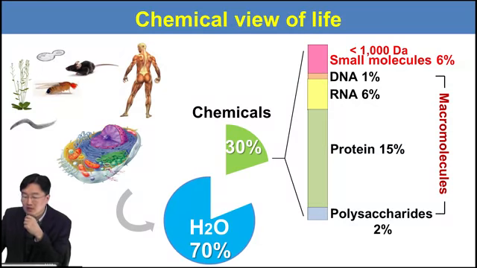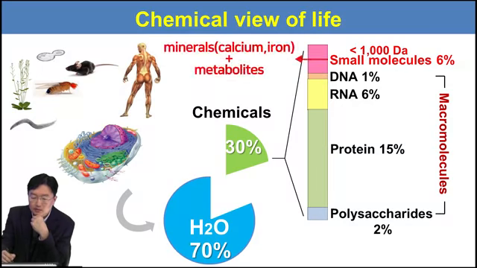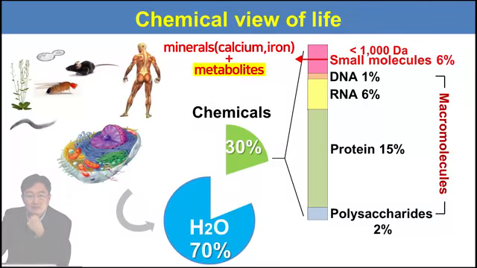Below 1,000 Dalton, we collectively call those chemicals small molecules. Further, we can include minerals like calcium or iron, plus many metabolites, which are produced from biochemical reactions.